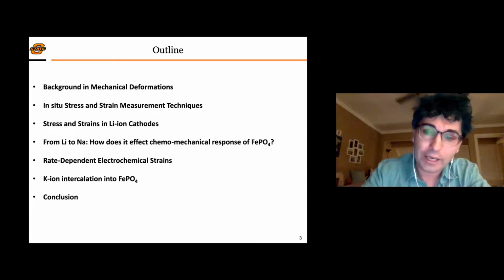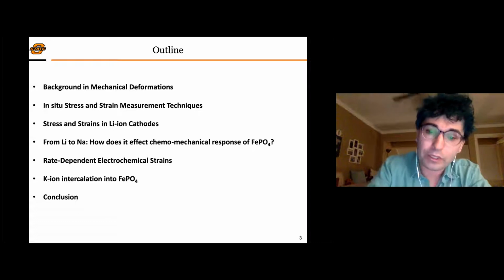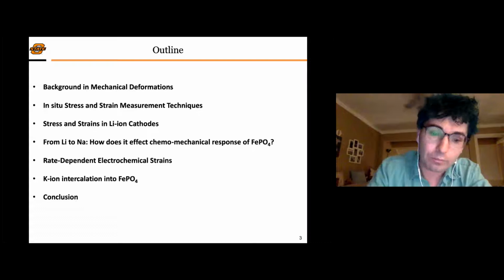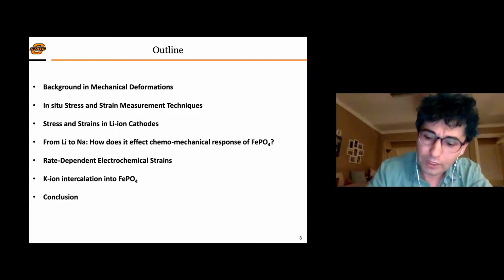From there, we'll move to the sodium-ion batteries and explore the chemomechanical response of iron phosphate upon lithium and sodium intercalation. We'll look at the rate dependence of this lithium and sodium intercalation effect on the mechanics. And finally, if time allows, I'll present the potassium intercalation results in iron phosphate too.